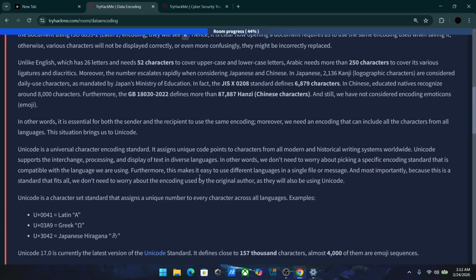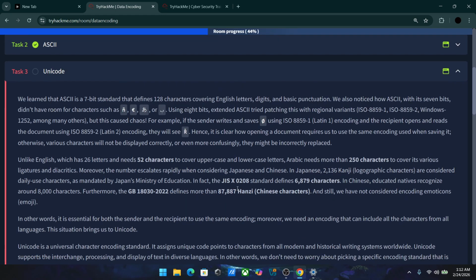We learned that ASCII is a 7-bit standard that defines 128 characters covering English letters, digits, and basic punctuation. We also noticed how ASCII, with its 7 bits, didn't have room for other characters.